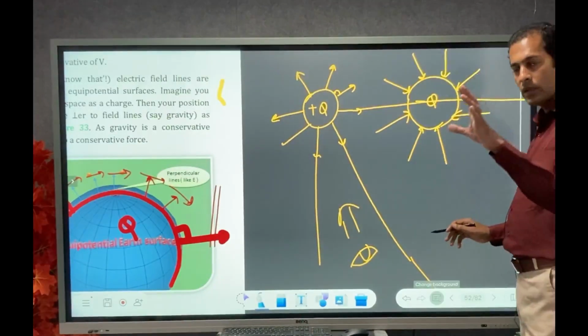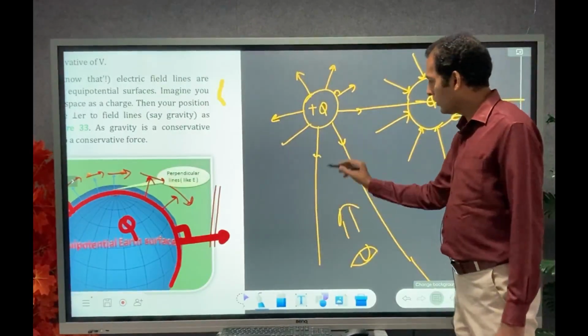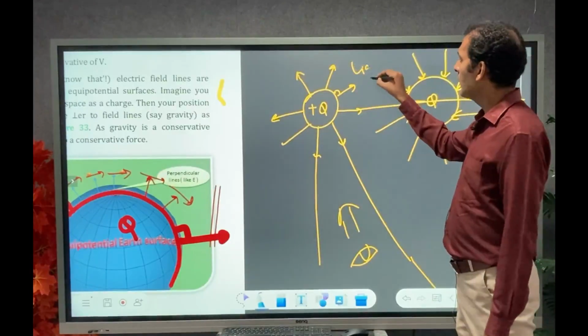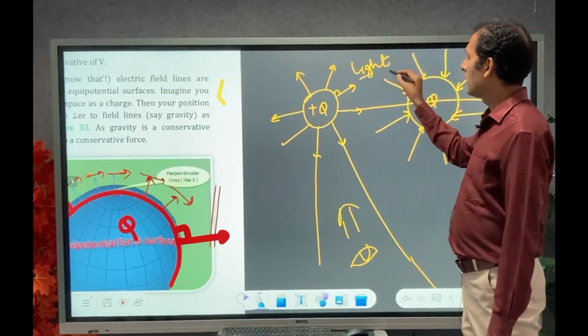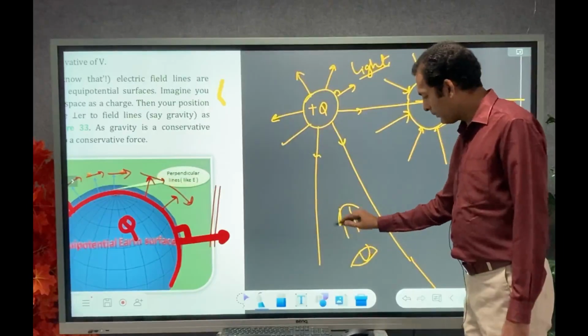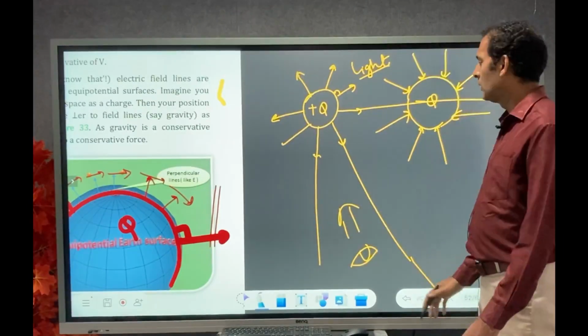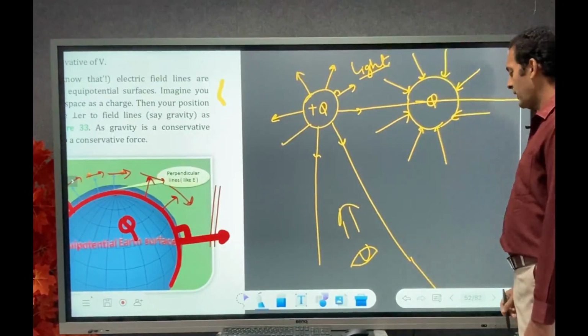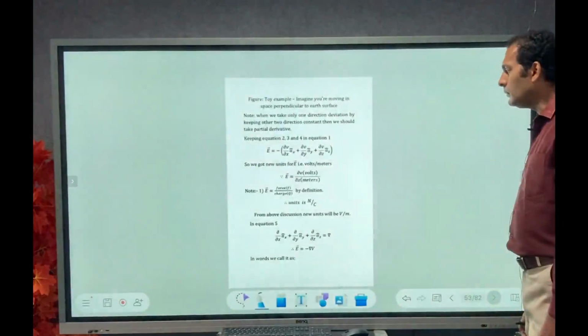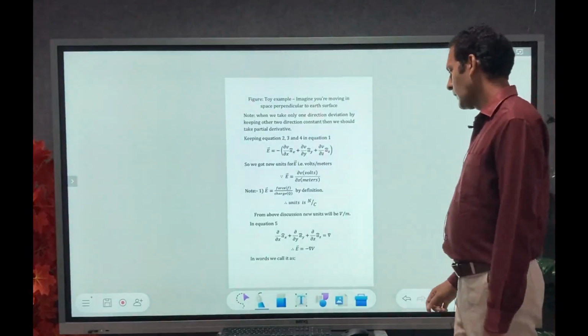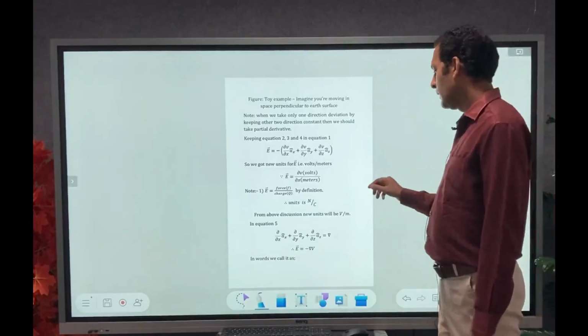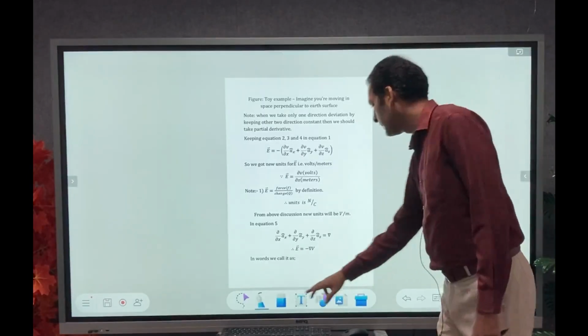If someone sees light, suppose light is also an electromagnetic wave, someone may feel that they are parallel lines coming from the source, but actually they are perpendicular to the source. Okay, now we will see its relation with del.